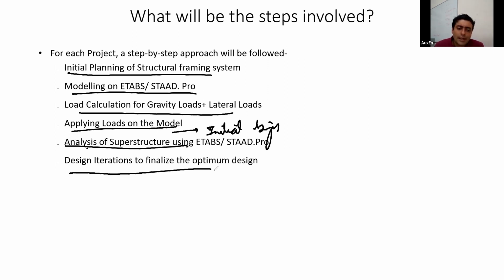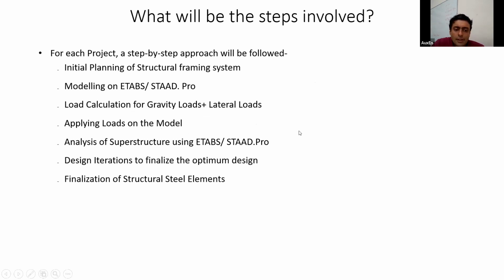Then we do the design iteration to finalize the optimum design. So all these steps we will be doing. Then once we do the iterations, we can finalize the structural steel elements, beams, columns, bracings, truss members, whatever, we can finalize them.